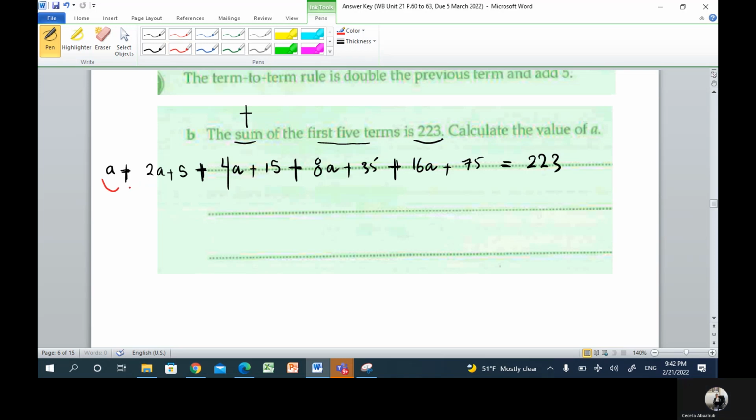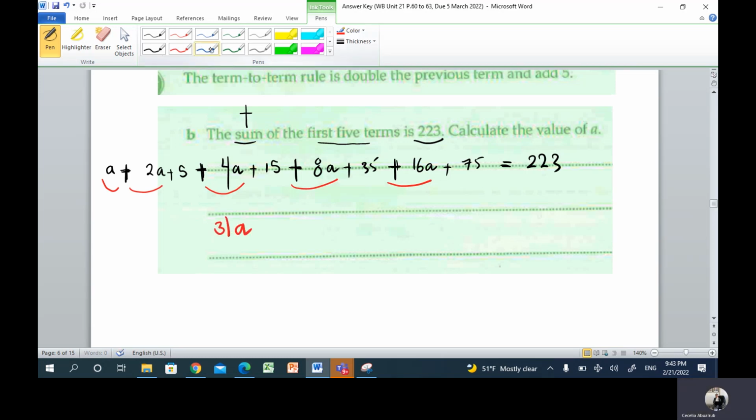Now we're going to collect like terms. a plus 2a plus 4a plus 8a plus 16a, all this will come down to 31a.